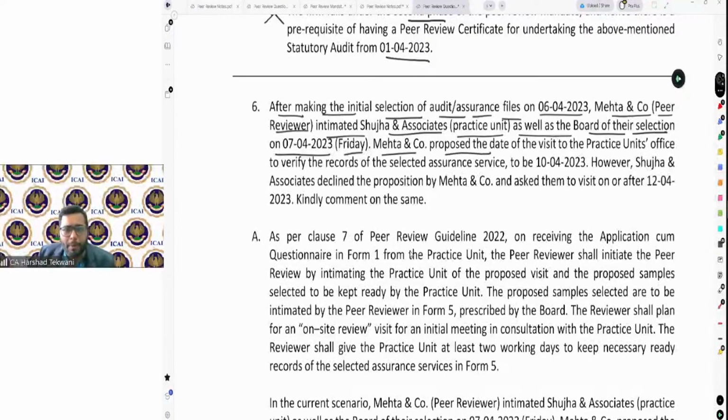Meta and Company proposed the date of visit to the practice unit office to verify the records of the selected assurance service to be 10/4/2023. So from 7 to 10, after 3 days, they decided to visit the office. However, Sujai and Associates declined the proposition by Meta and Company and asked them to visit on or after 12/4/2023. Kindly comment on the same.